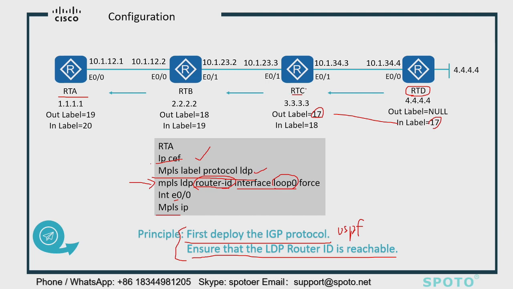And when RTC receives the information from RTD, RTC will continue to tell this information to RTB. It will tell RTB, if you want to go to the network segment 4.4.4.4, you need to use the out label 80, and also RTB will tell RTA here. So this is the same process.